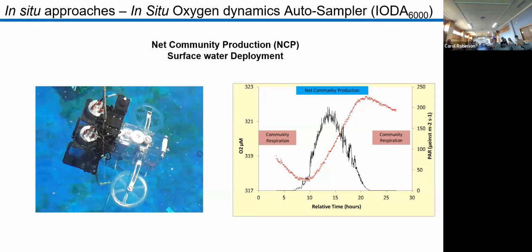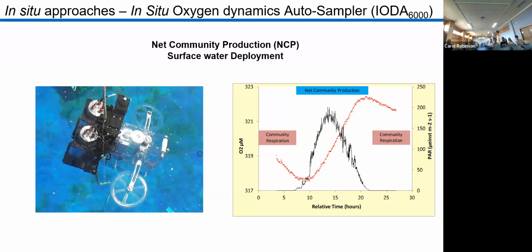So you can see when it's open, it's like a Carolina... And if you put it on this side, it's a multi with symbols. So what you get when you do a 24-hour deployment: when you first take the sample, you close the chamber, and then you get a linear drift, and that's your in situ respiration, measured by the oxygen consumption inside the chamber.